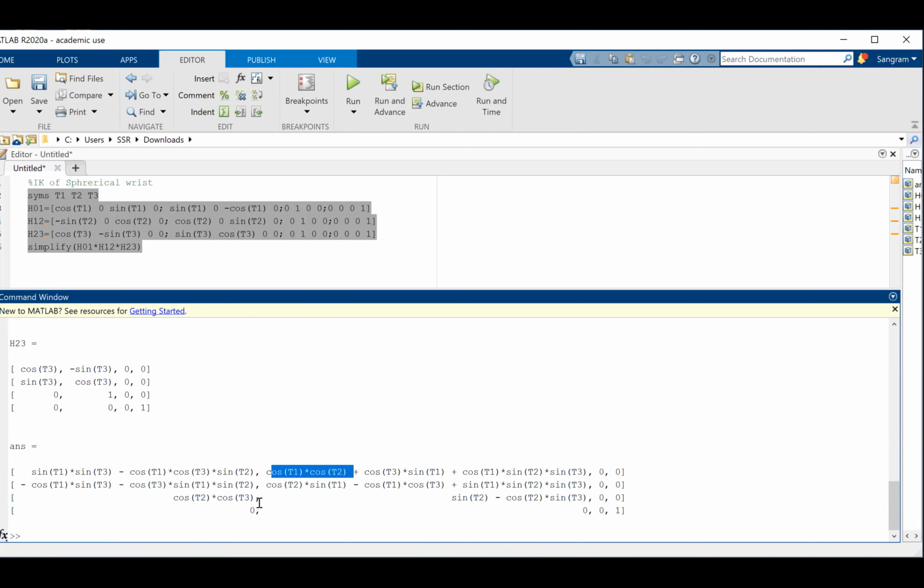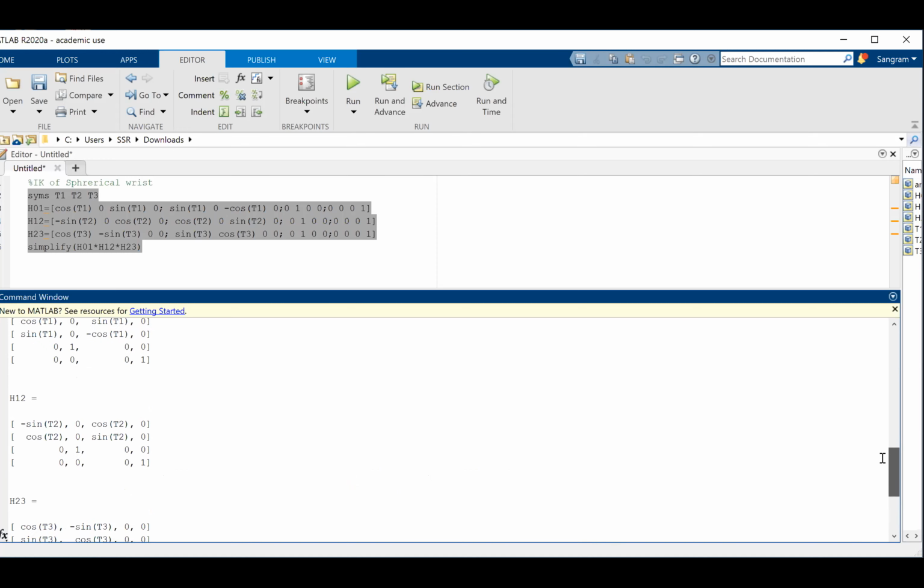So what I have here is a combination of various terms. Somehow I need to solve this matrix to find the values of T1, T2, and T3.